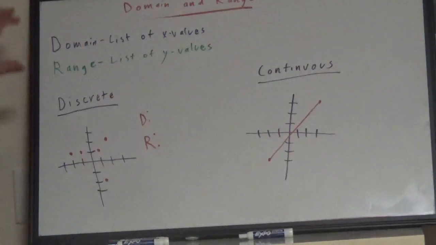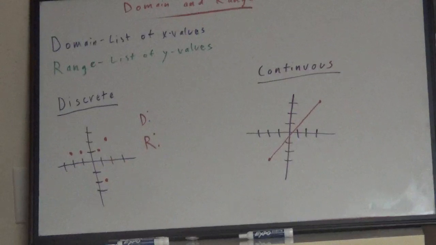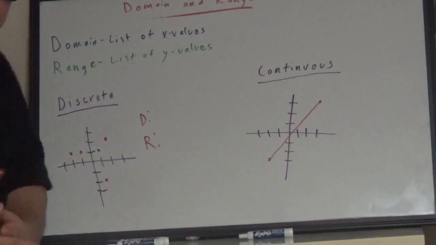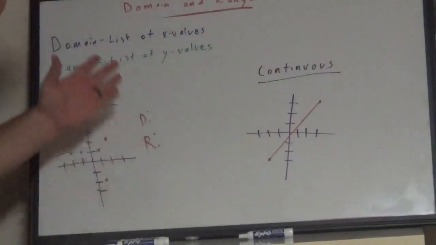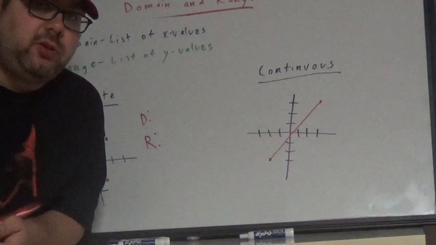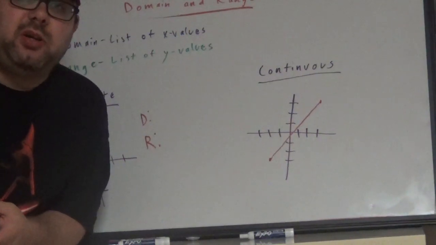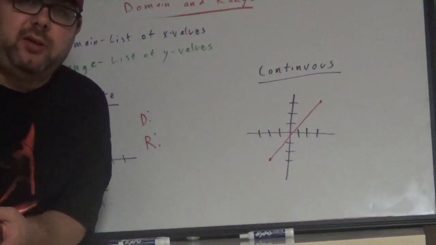So I want to start by talking about a couple of pieces of vocabulary. First of all, what is domain and what is range? Domain is the list of all of the x values of a function. In the examples I'm going to do, it's shown on a coordinate plane.